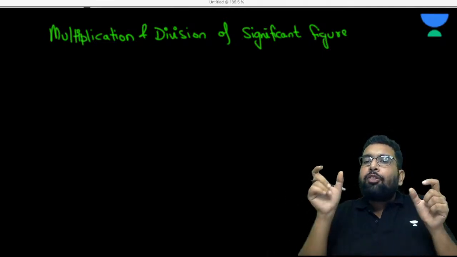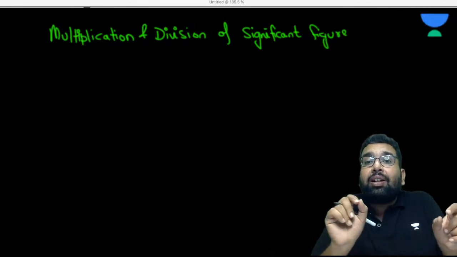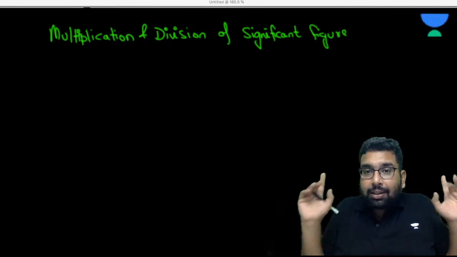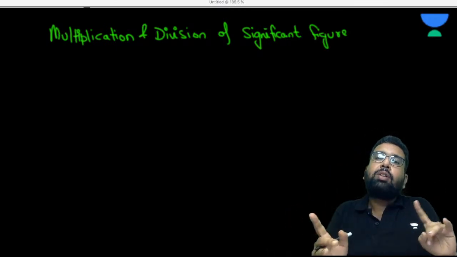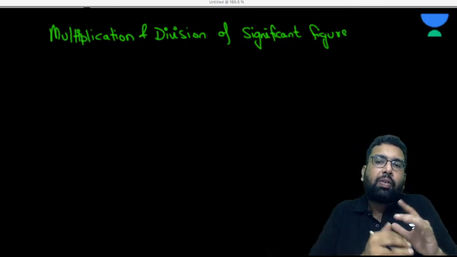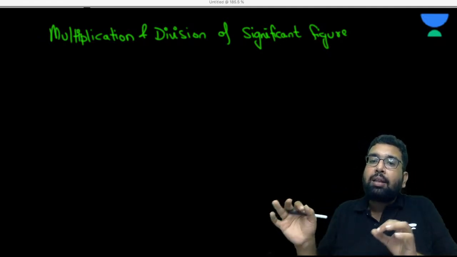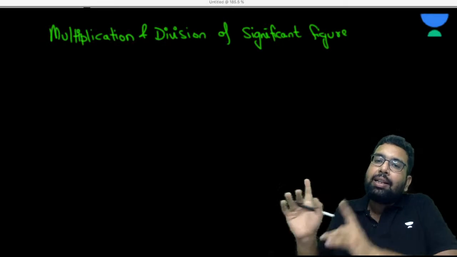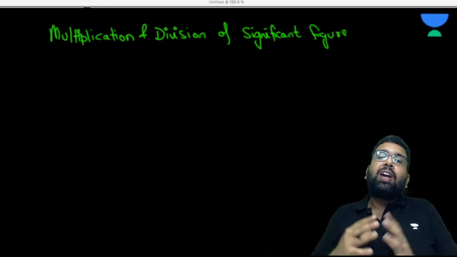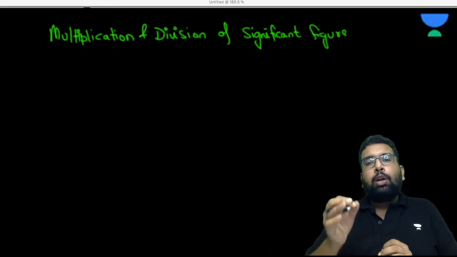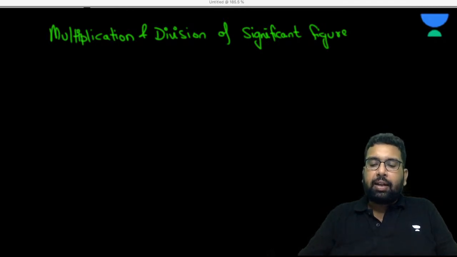Then the final value must have the same number of significant figures here, not the decimal places. That is the key. Don't get confused. In addition and subtraction, we bring the final answer to the number of decimal places in the value having the least decimal places. Here we are rounding the final answer to the least significant figures present in the values.